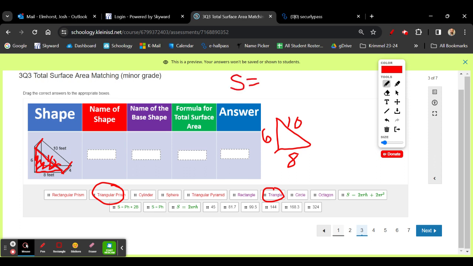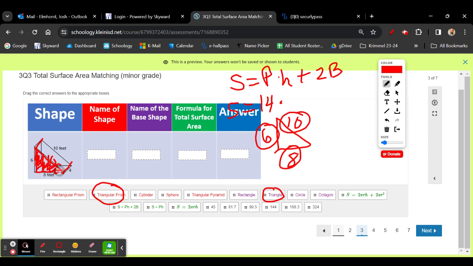The total surface area is the perimeter of the base times the height, and then we're going to find the area of the base and multiply that by 2. So starting with the perimeter, 6, 8, and 10. 6 and 8 is 14, plus 10 is going to give us 24, times the height of the shape.